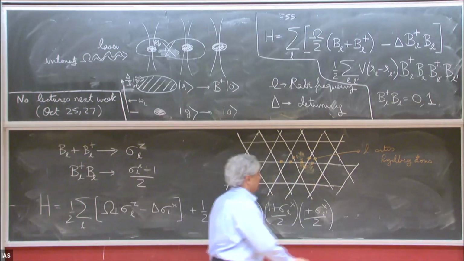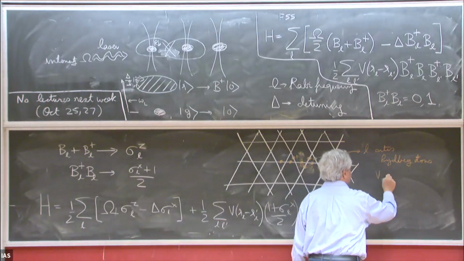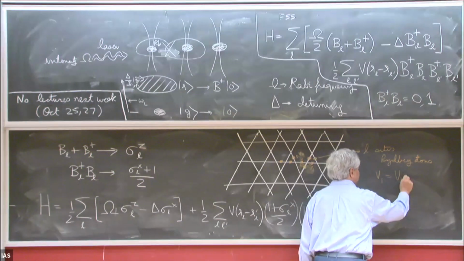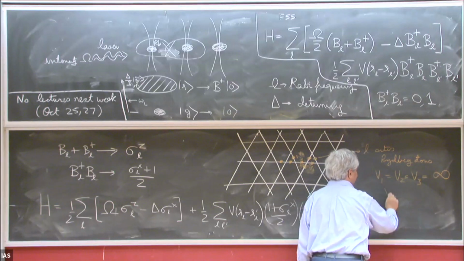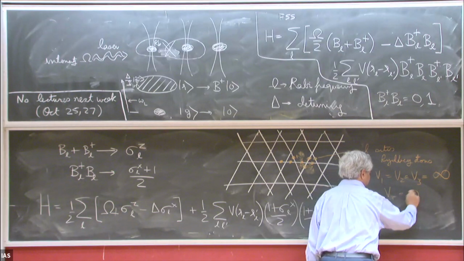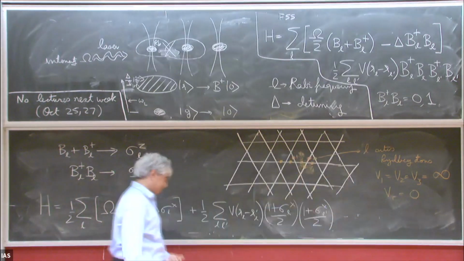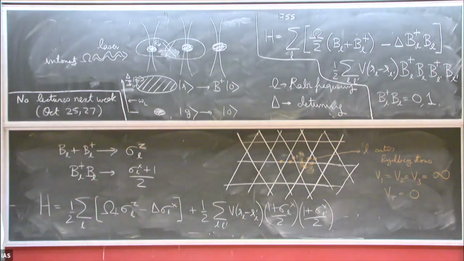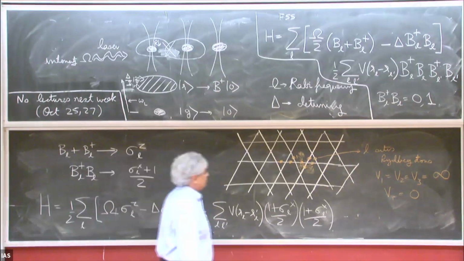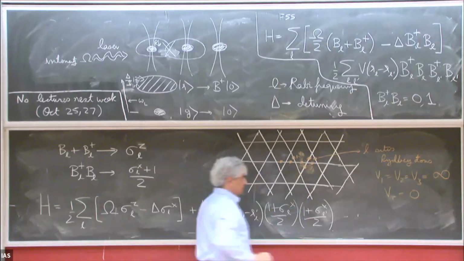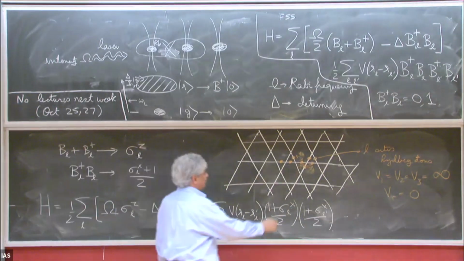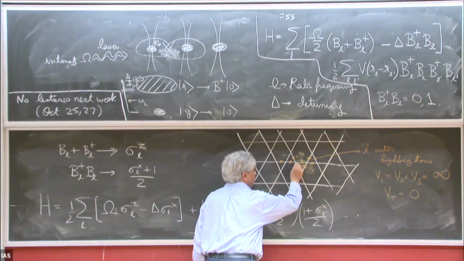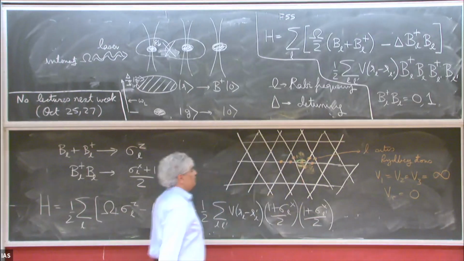So we're going to take V1 equals V2 equals V3 equals infinity, and all other V will be 0. Let's just start from that limit, when things become evident why this is a gauge theory. Okay, so what that means is, let me draw the big atom in green. So I put an atom here, and that's excited.